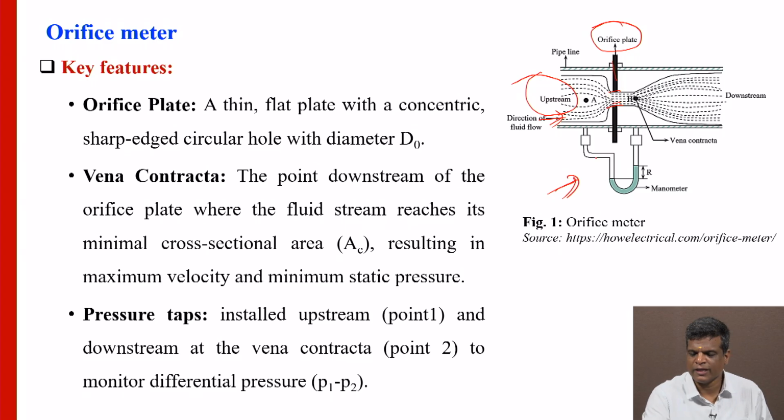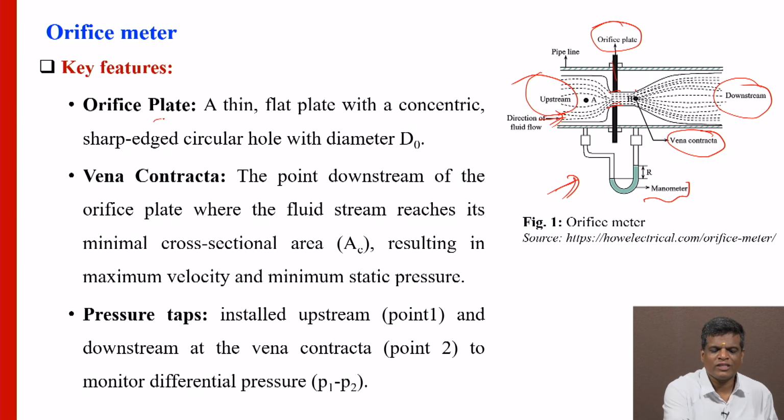Then the other portion is the downstream, and at the exit is the point called the vena contracta. This is connected to a U-tube manometer, a pressure measurement device.